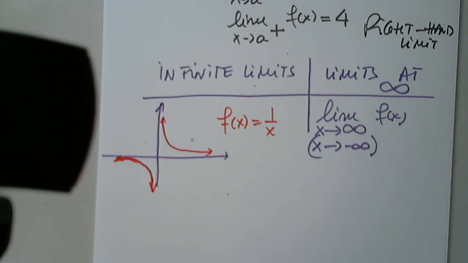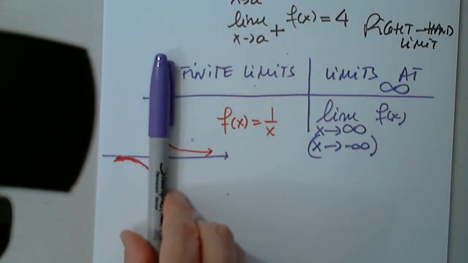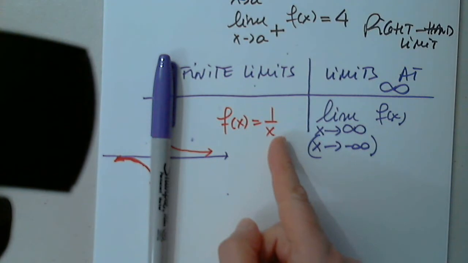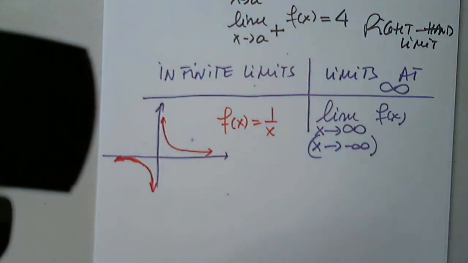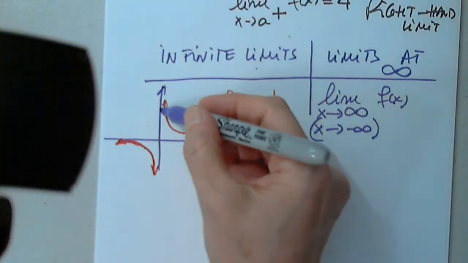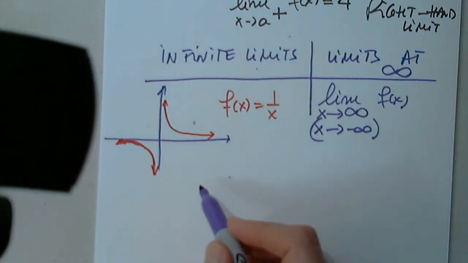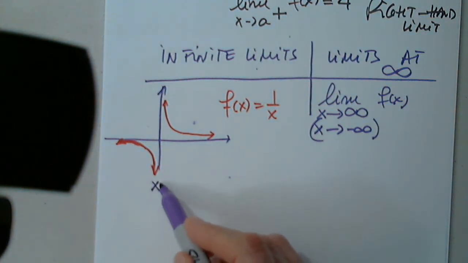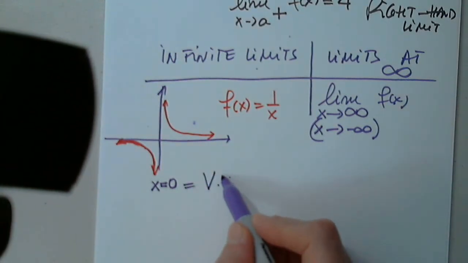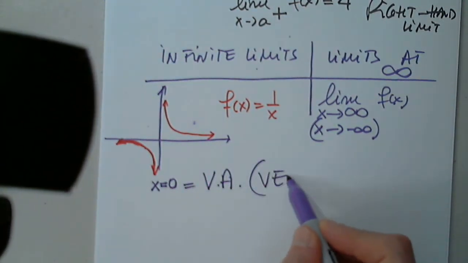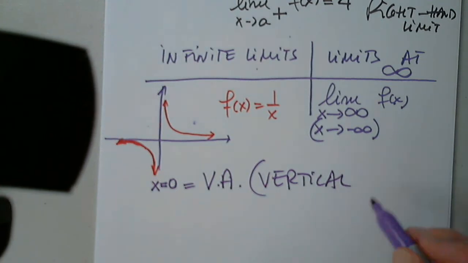Do we remember what this line represents for this function? Anyone? Vertical asymptote. Very good. X equals 0 is the VA, vertical asymptote.